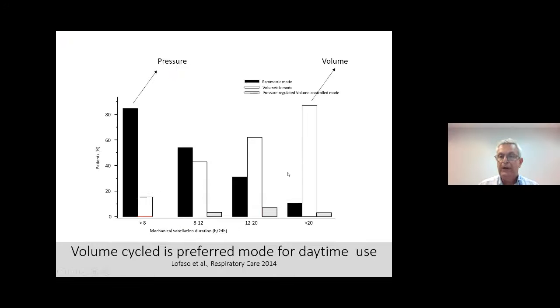And when they use non-invasive ventilation for more than 20 hours out of 24, they prefer the mouthpiece, but they also prefer to use the volume cycle and not the pressure cycle.